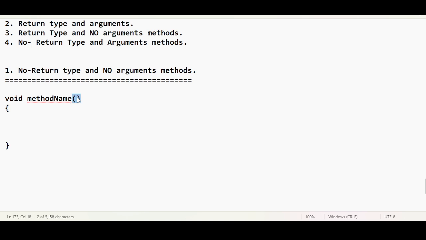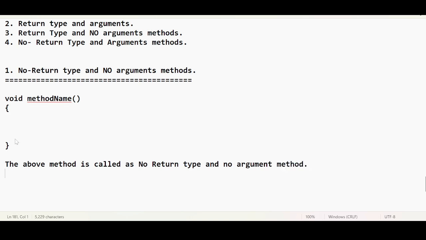But if you're not including any arguments in this space, the method becomes a no return type and no argument method. So I can conclude that the above method is called a no return type and no argument method.